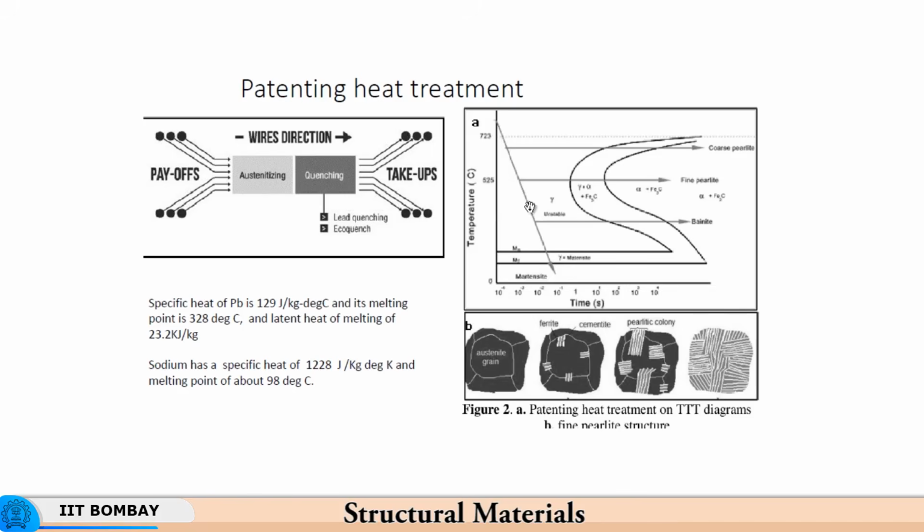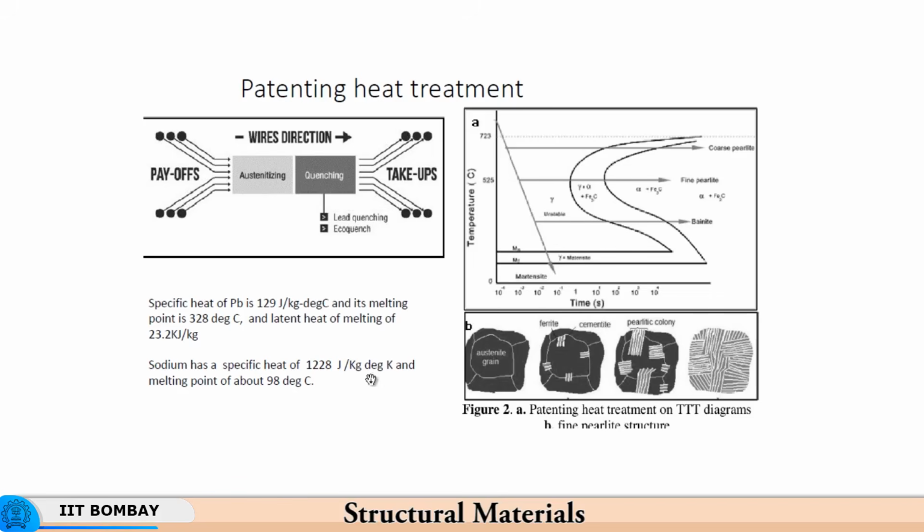So you are essentially cooling, taking away the energy from the austenitized wire, and the temperature of the lead bath continues to be maintained at 328 or whatever has been stipulated.